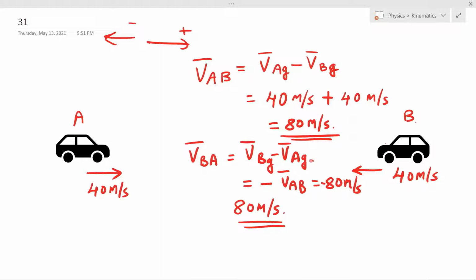So this indicates that car B will appear to approach towards car A in the left direction. So hence it is minus. And for car B, car A will appear to approach in this direction, and that's why it is positive.